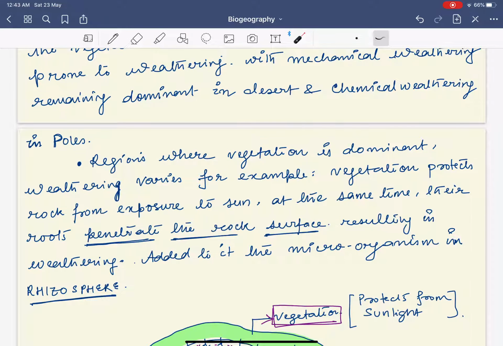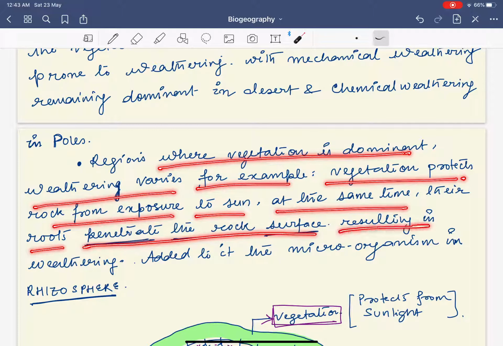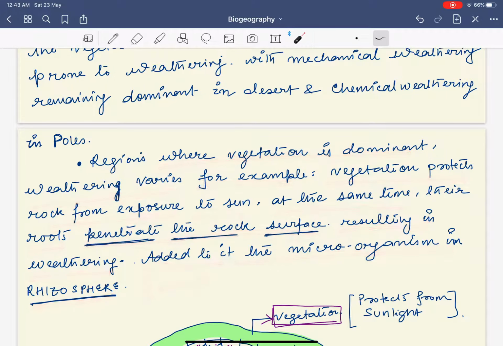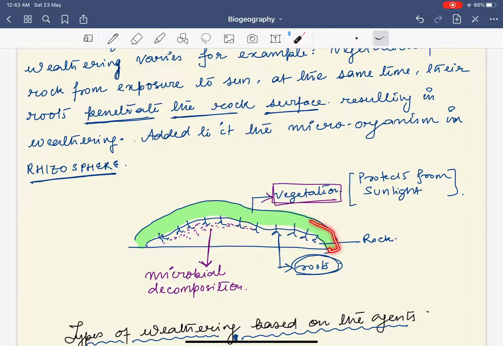Next, regions where the vegetation is dominant, weathering varies. For example, vegetation protects the rock from exposure to the sun. At the same time, their roots penetrate the earth's surface, resulting in weathering. Added to it are the microorganisms in the rhizosphere that support weathering. See, understand this total statement. It says that even if there is a presence of vegetation, it does not mean that there is no weathering.